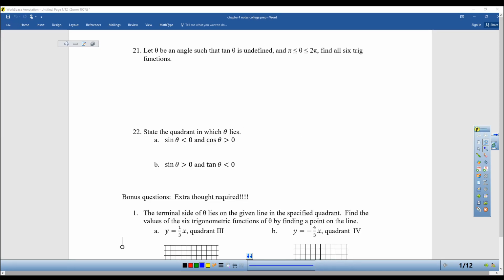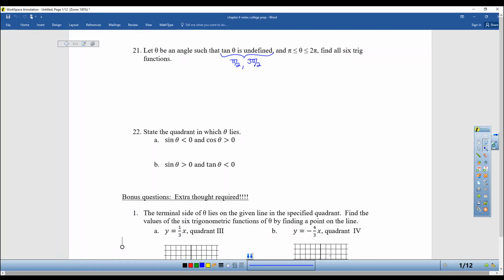On number 21, it says, let theta be an angle such that tangent of theta is undefined, and theta is between pi and 2 pi. Find all 6 trig functions. So my first goal is to figure out when tangent is undefined. If you look on your chart, you'll see that it happens at pi halves and 3 pi halves.